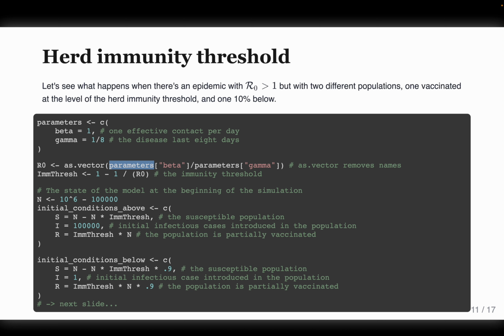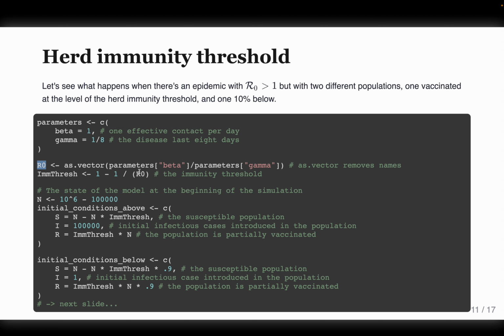Oddly, it will be a vector whose name is beta, which can create some mess with the rest of the code. So in this way, using asVector, we ensure that R0 is just a number and there is no name associated to it. From the R0, we can estimate the immunity threshold, which as we know is 1 minus 1 over R0, which is pretty simple.